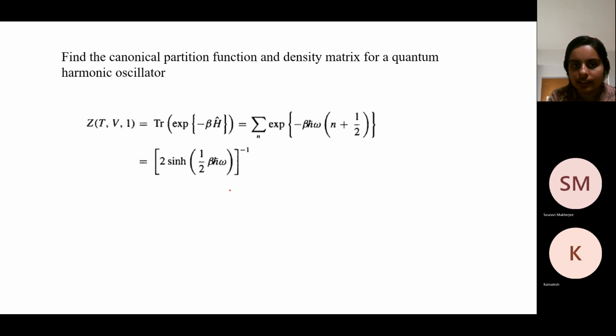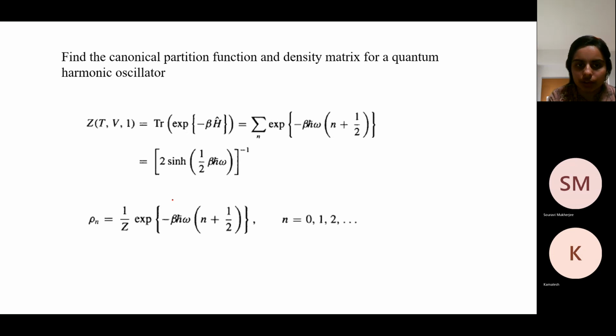So this is similar to what you had done initially, right? If you would have just done whatever we used to do for the classical case, it's similar to that. Just the representation is now different, right? And then if you find Z, what would be your rho? Your rho would be something like this for each value of n, correct?